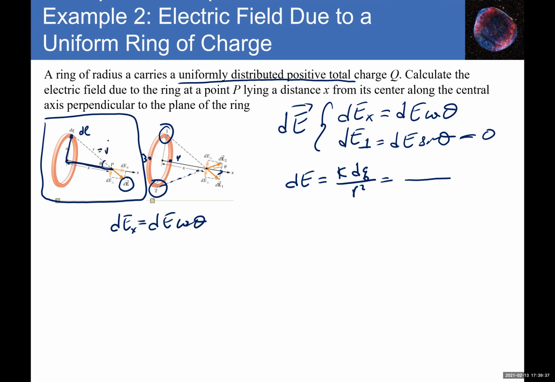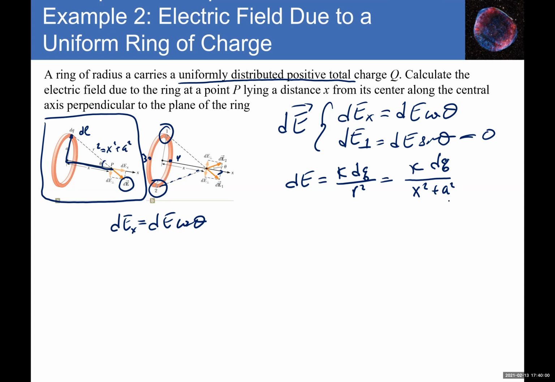So r is the square root of a squared plus x squared. Because the equation has r squared, I can just say r squared equals x squared plus a squared. So I have k dq over x squared plus a squared.